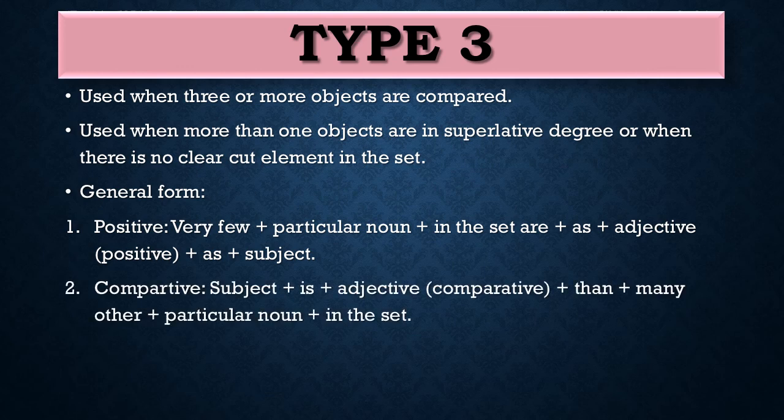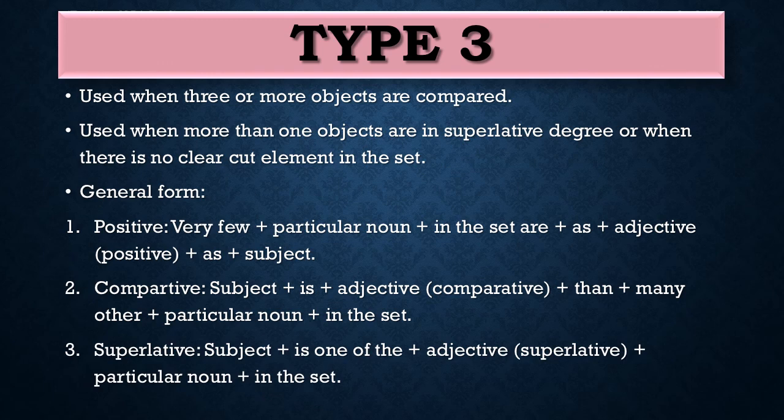The comparative degree is subject plus is plus comparative adjective plus than plus many other particular noun in the set. And superlative: subject is one of the superlative adjective plus particular noun in the set.